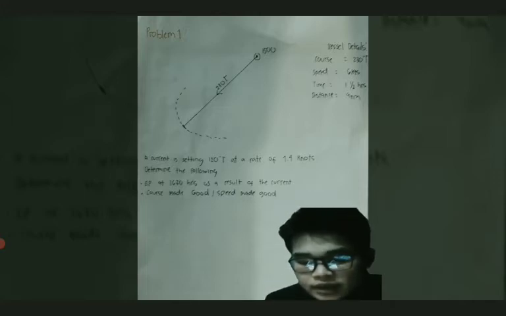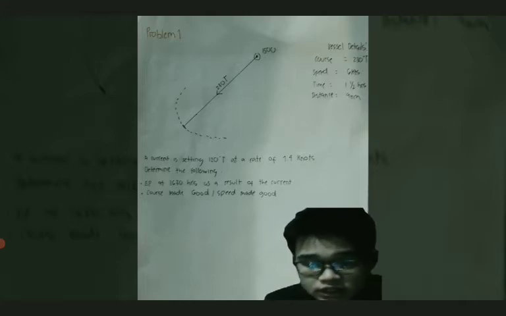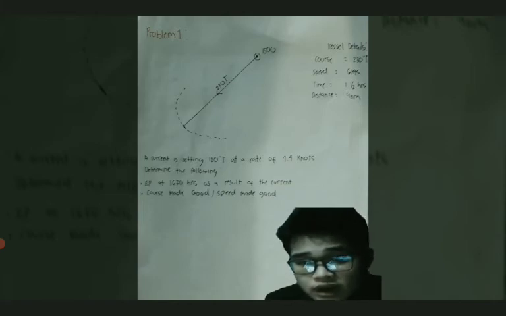Then we will draw an arc of a position circle, and that will be our course to steer. Because the speed is 6 knots, it travels about 9 miles in 1.5 hours. Just draw an arc, a half circle, with broken lines.